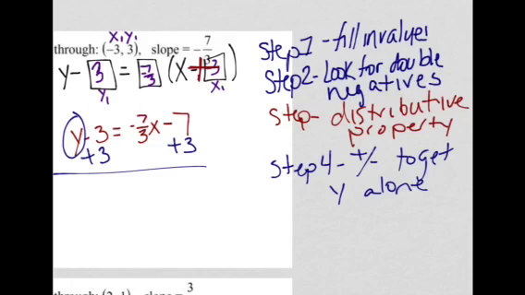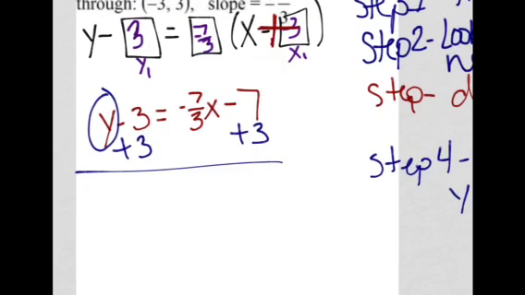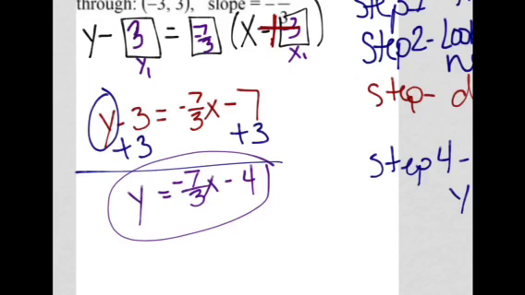You'll notice I'm writing it underneath my negative 7 because I know when I combine like terms, this negative 7/3 x is going to have to hang out. That 3 does not have an x, so it combines with a 7. Negative 7 plus 3 is a minus 4, and I'm left with y on this side. I am officially done. I am in slope-intercept form.